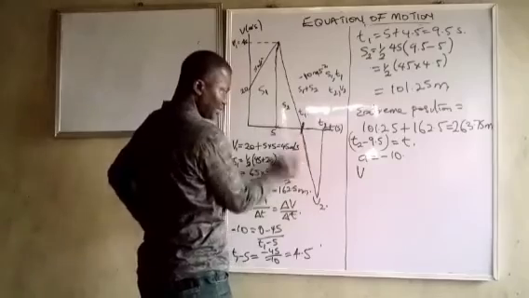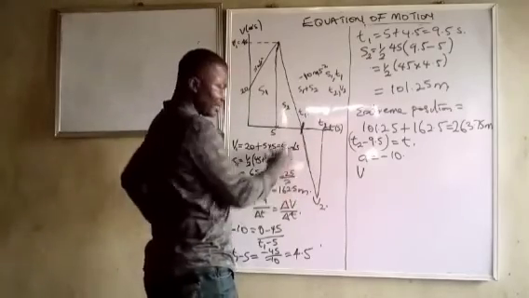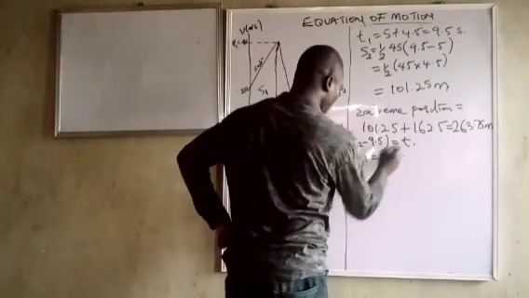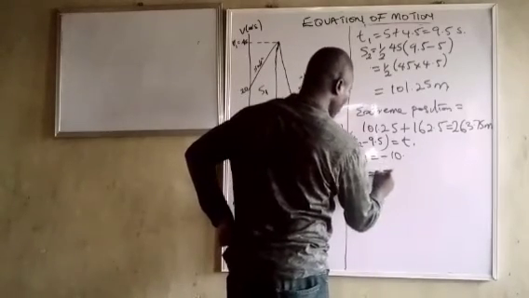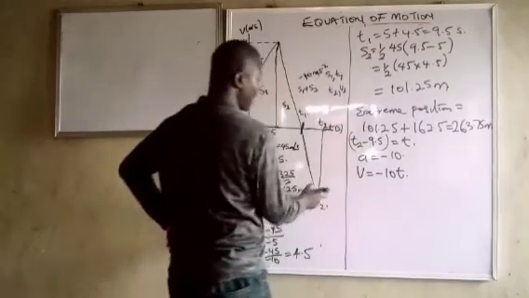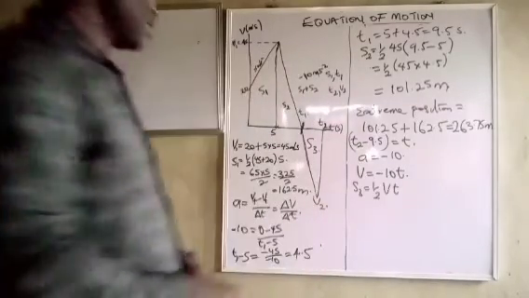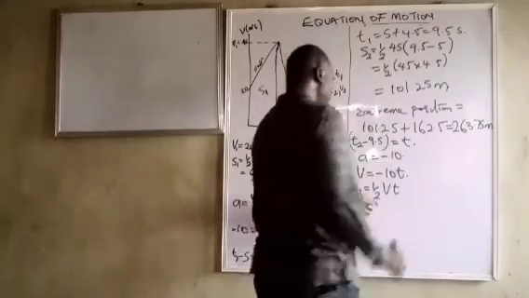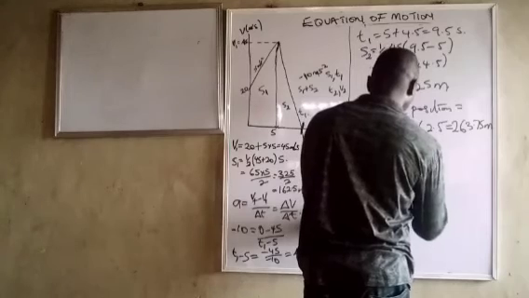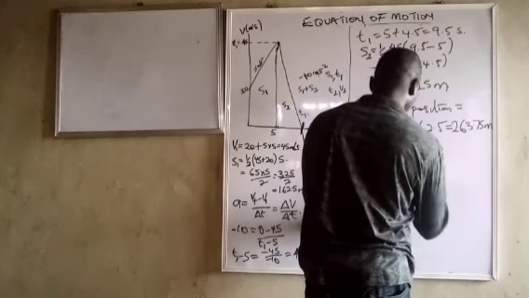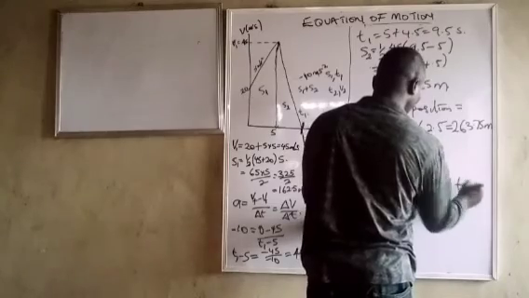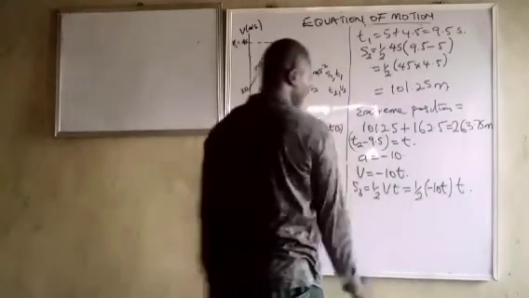But from here to here, since it's on the same straight line, it's still workable. So V2 should be equal to minus 10T. So S3 is half VT, which is now equal to half into minus 10T into T. That is it.